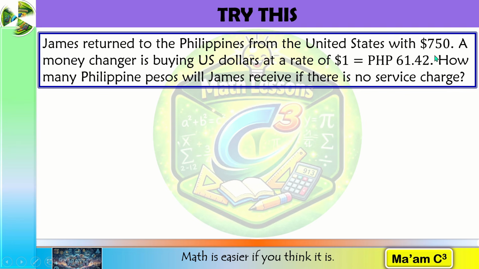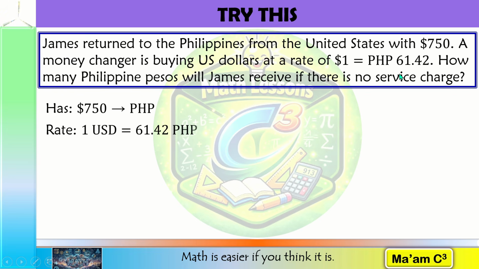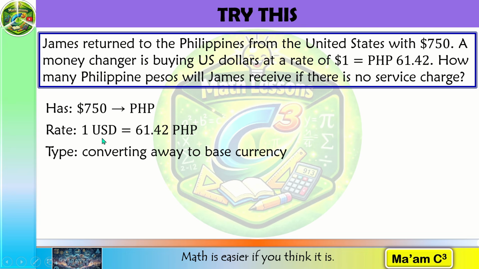So James has 750 US dollars and he wants to know its equivalent in Philippine pesos. The given rate is 1 USD equals 61.42 PHP. The base rate is the first in the given pair. So here is our base rate. And since they are different, it means we are converting away from the base currency.